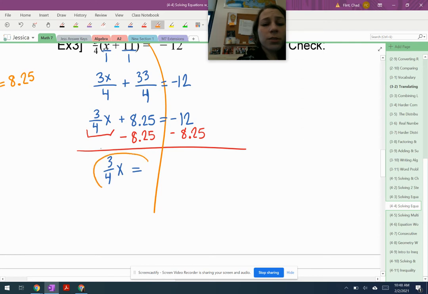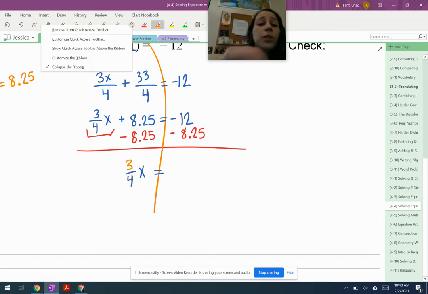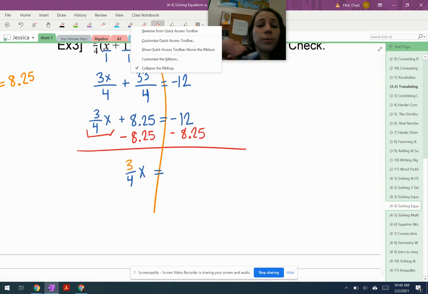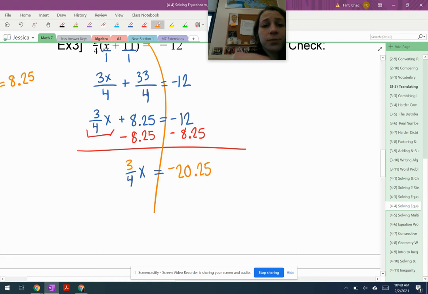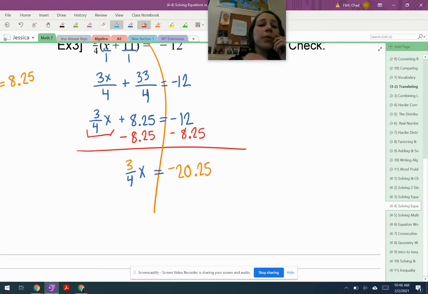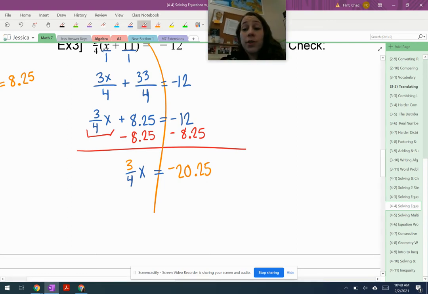Okay, erase, sorry, completely unnecessary. Okay, anyway, 3/4 x is equal to -12 minus another 8.25, which is going to be -20.25.